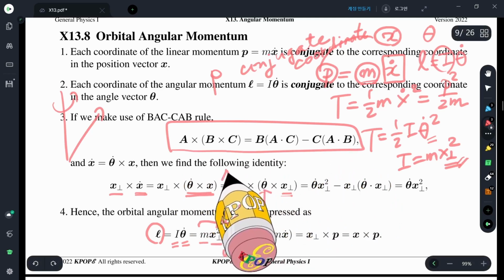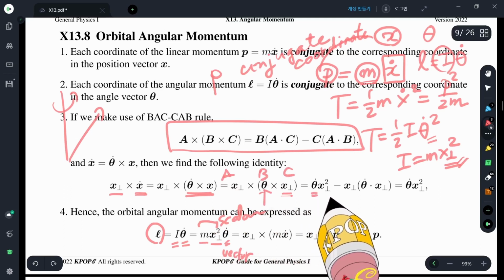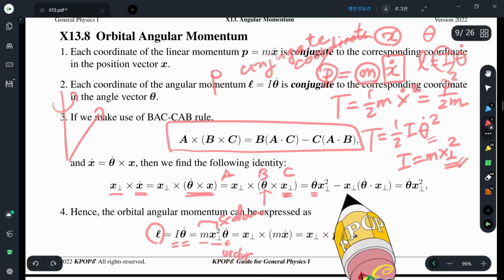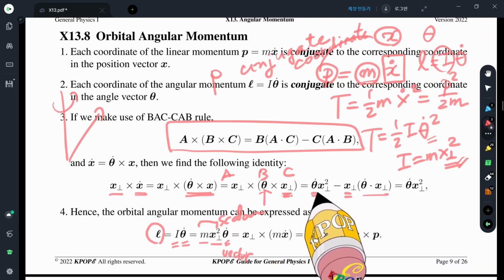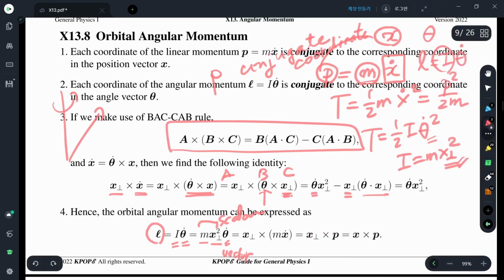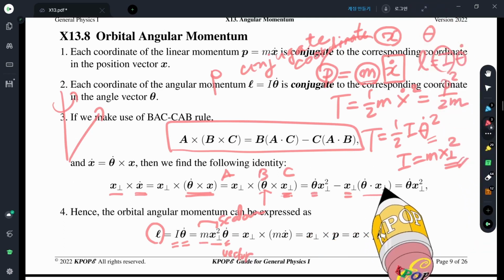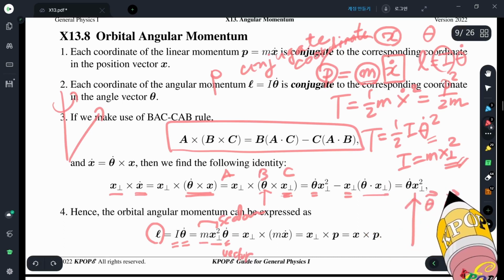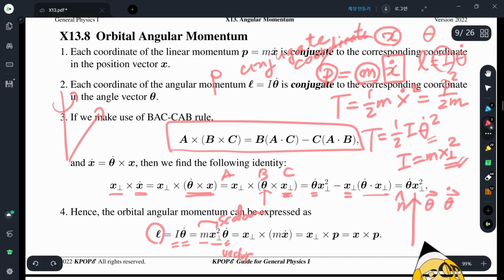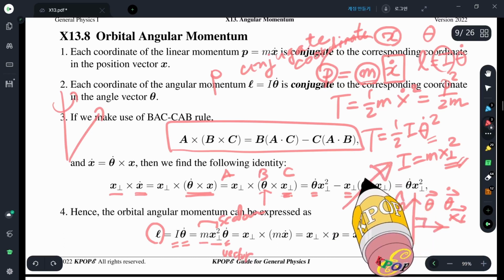BAC minus CAB, the dot product. And we find this x dot. For a fixed axis rotation, the angular velocity and the lever arm vector make a right angle, so this one does not contribute at all.